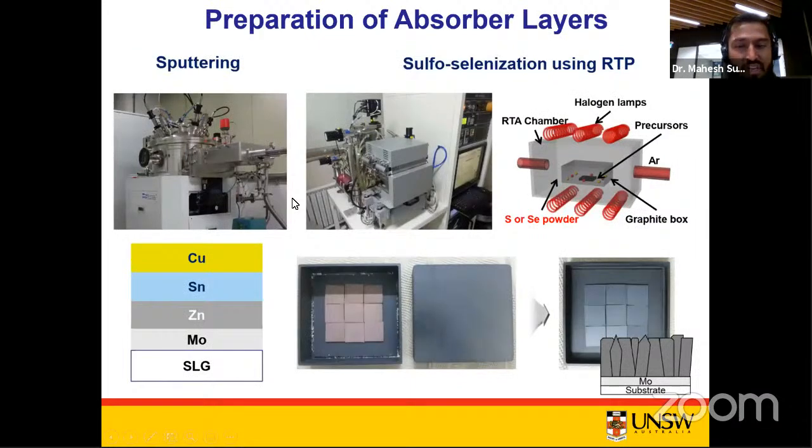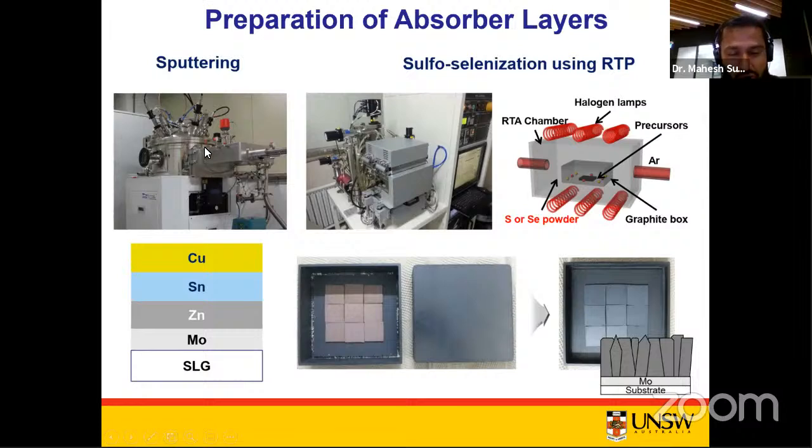So this slide shows not exactly the schematic, but the photographs of the sputtering method, as well as the rapid thermal processing unit that we use to sulfurize the CZTSSe as well as the copper antimony sulfide nanocrystal based thin films.